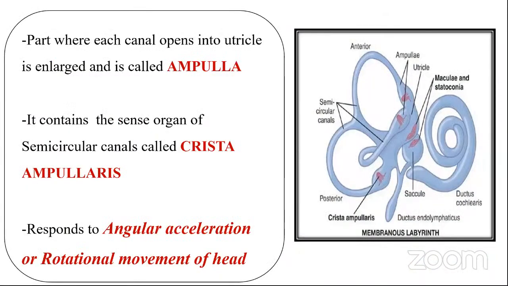So the part where each canal opens into the utricle is enlarged and is called the ampulla.